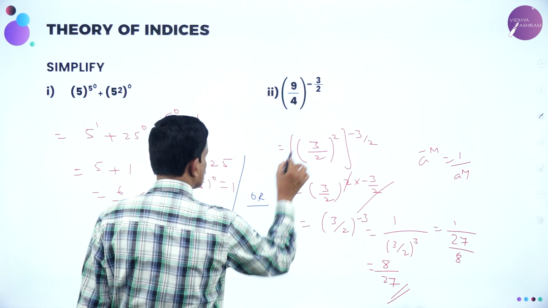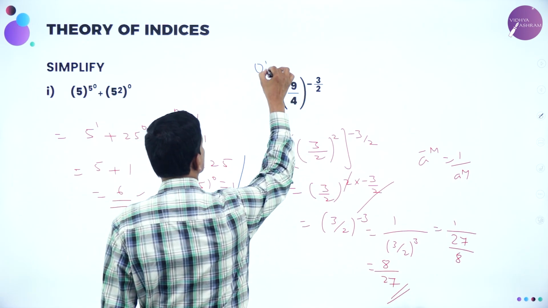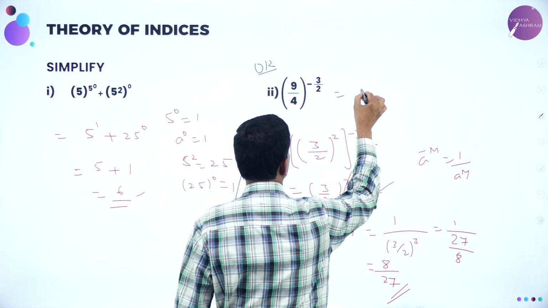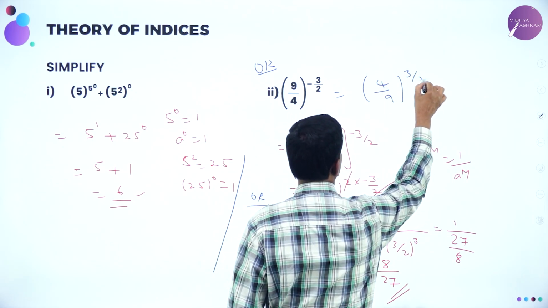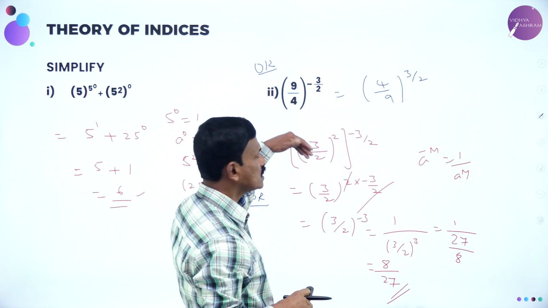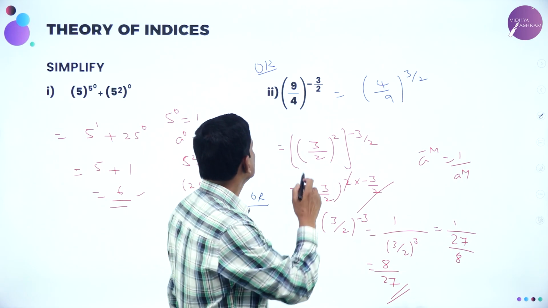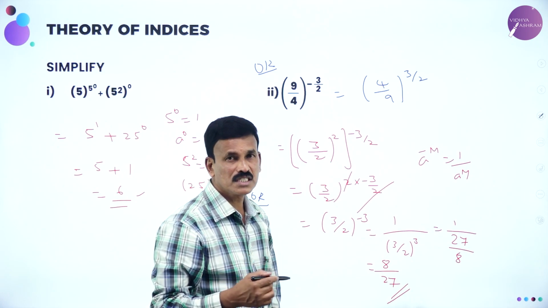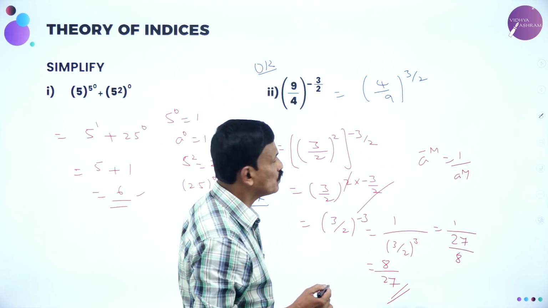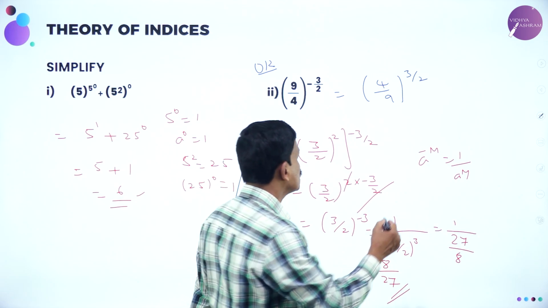Or this can be written as 9 by 4 can also be written as 4 by 9 whole to the power of plus 3 by 2. So when this is taken to the numerator, if you interchange these values, 9 by 4 is equal to the reciprocal 4 by 9, and the power minus 3 by 2 becomes plus 3 by 2.